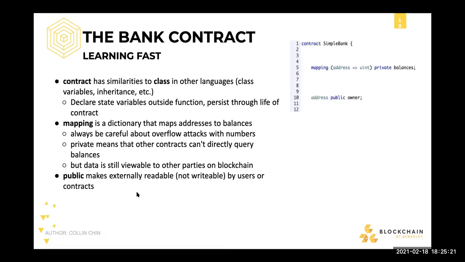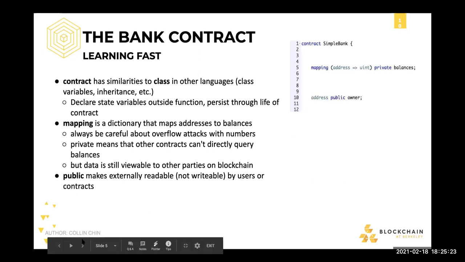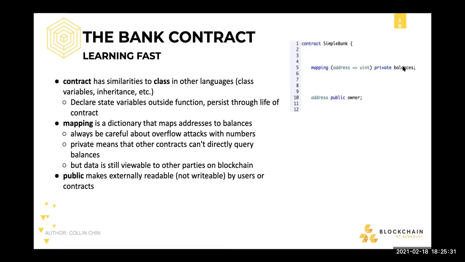Okay. Can you explain the balances syntax really quickly? I mean, just what does the syntax mean specifically? So then address is a key. When you input a key, which is an address, an address is an object type.